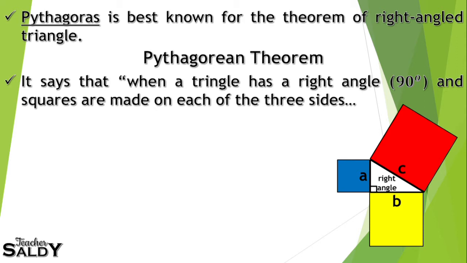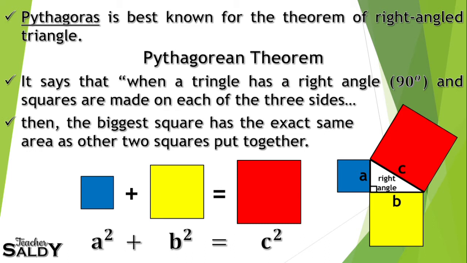So when we have side A, side B, and side C, and taking the square, meaning you multiply it to itself, A times A, B times B, C times C, then the biggest square has the exact same area as the other two squares put together. Meaning when you square A, or A times A, plus B times B is equal to C squared.